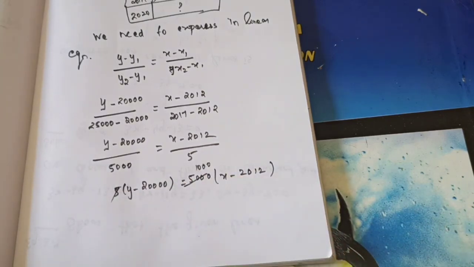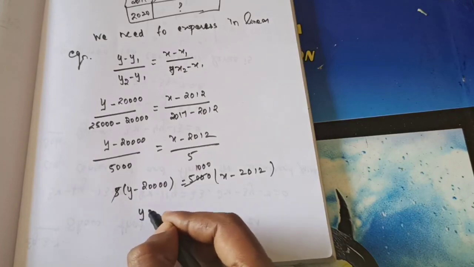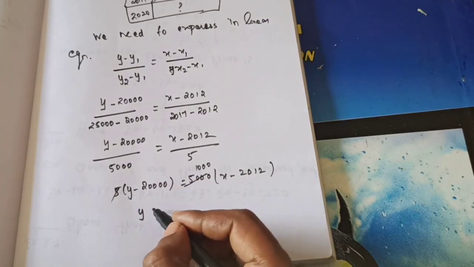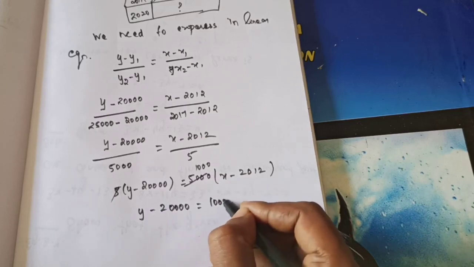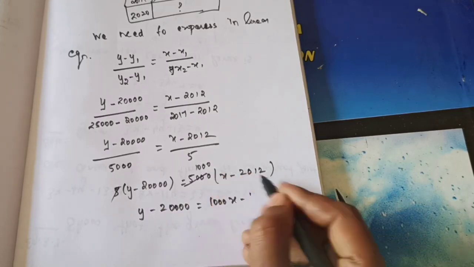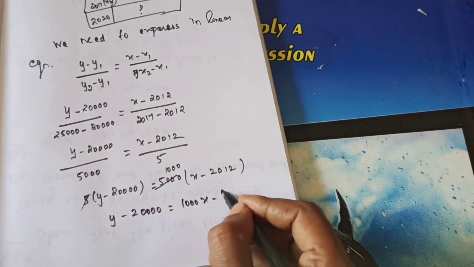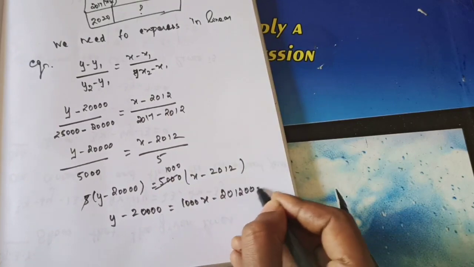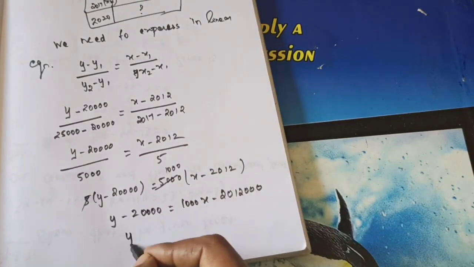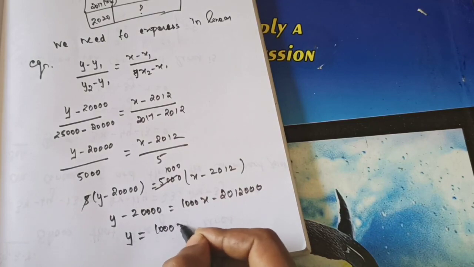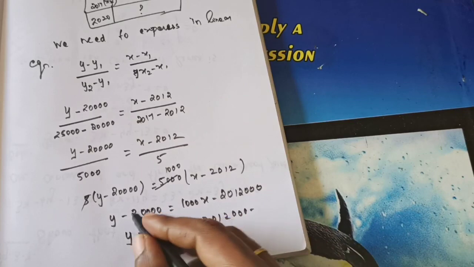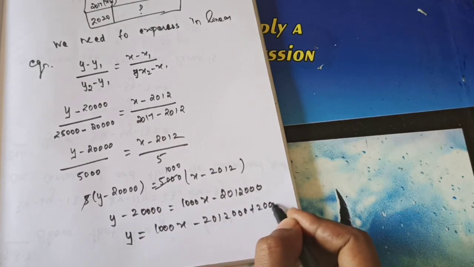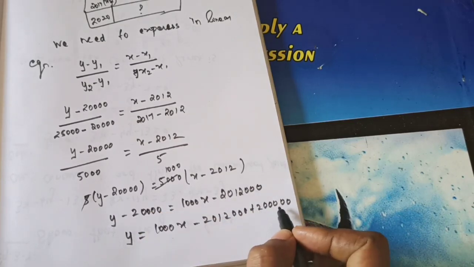Now y minus 20,000 is equal to 1,000 x minus, multiplying 1,000 by 2012, you get 2,012,000. So y is equal to 1,000 x minus 2,012,000, bring this here, plus 20,000.